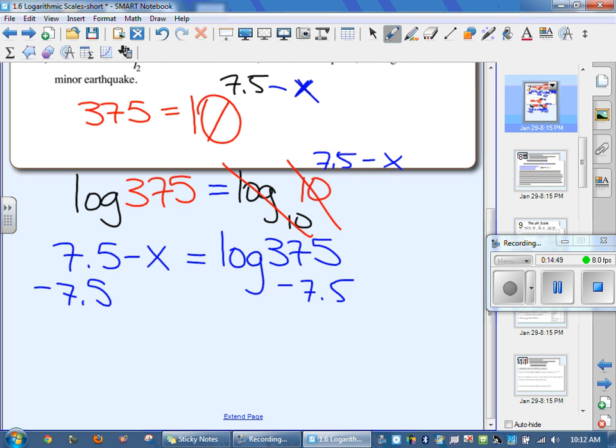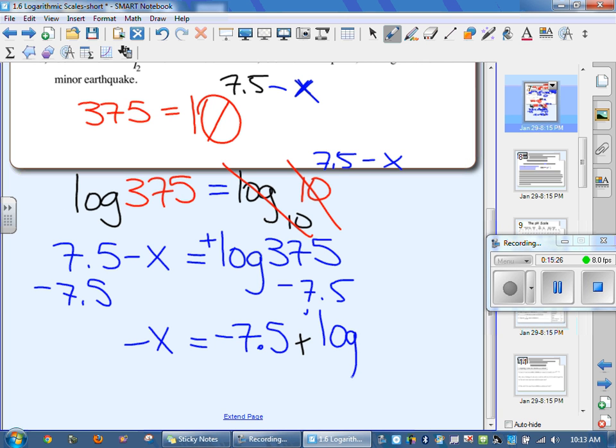We're not going to write it after log. Because if we do write it after log, it's going to be sometimes confused with the 375. Some people think that you have to take the 375 and subtract the 7.5. That's not correct. So we're going to subtract 7.5 in front of log. Okay, but remember, log is a plus, so it's going to connect to it with a plus sign. So I'm going to get negative x equals negative 7.5 plus log 375.